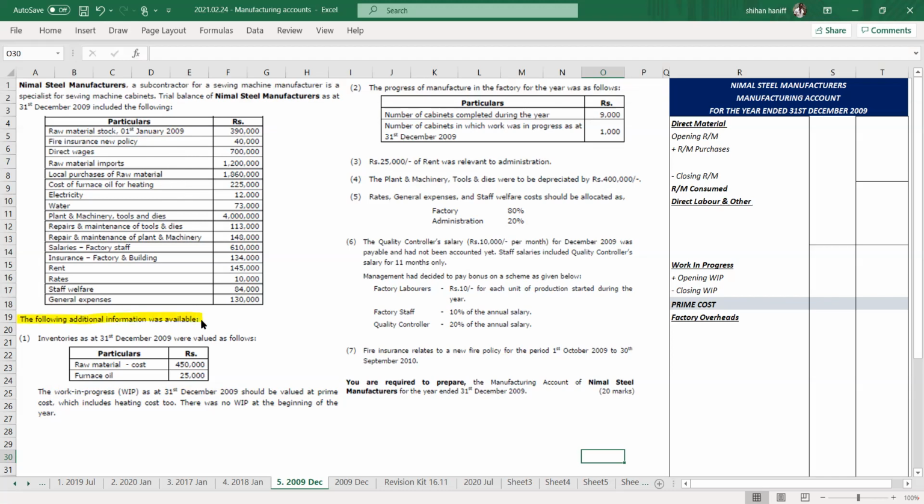Following additional information was available. Inventories as at 31st December 2009 were valued as follows. So these are closing inventories. Raw material cost is 450,000. Furnace oil is 25,000.